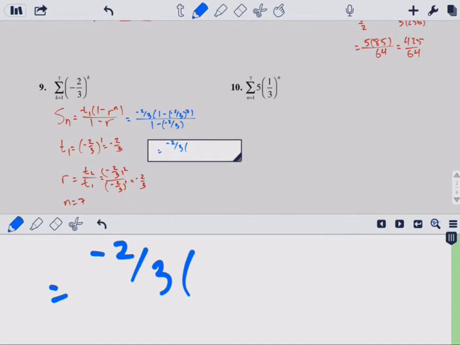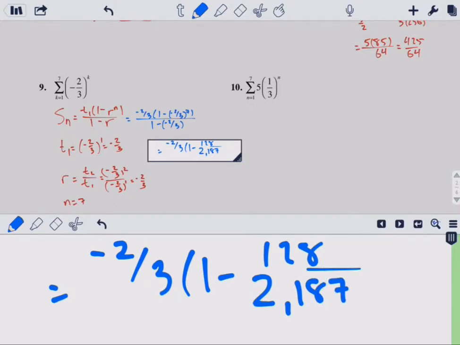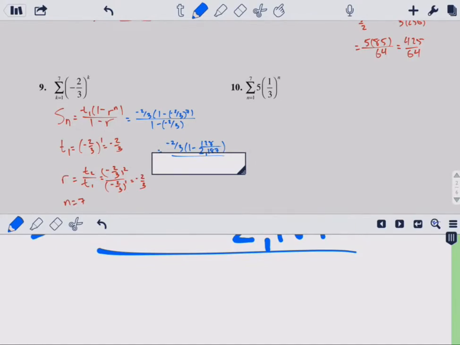Okay, that's 2 raised to the 7th, which is 128. 3 raised to the 7th, I don't know, 2,187. Over 1 plus 2/3. All right.